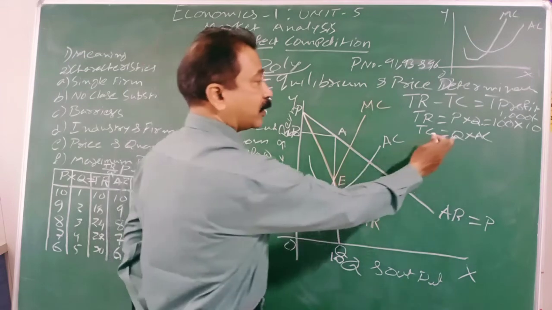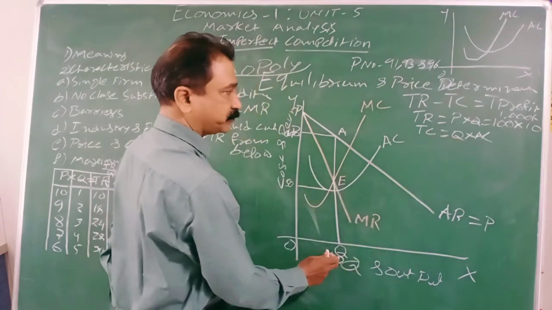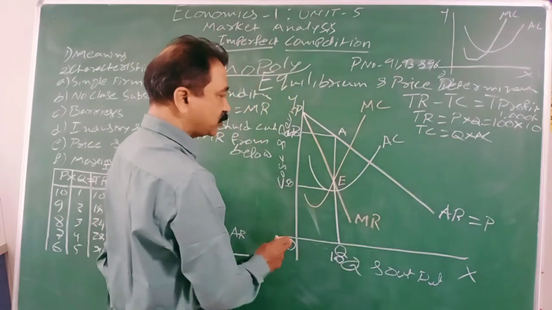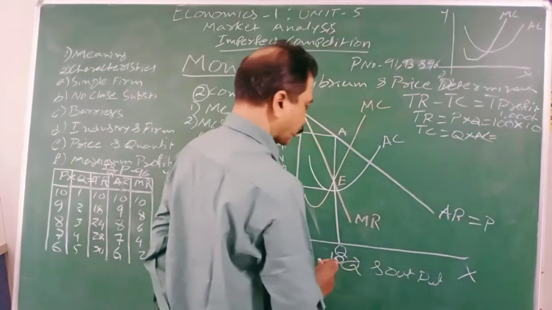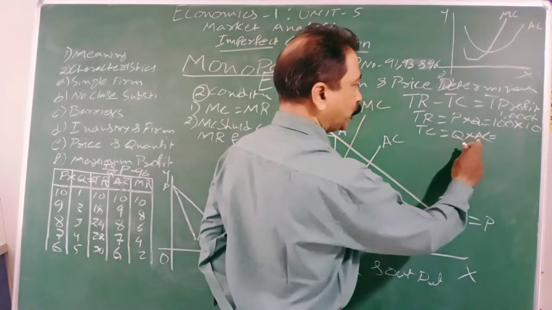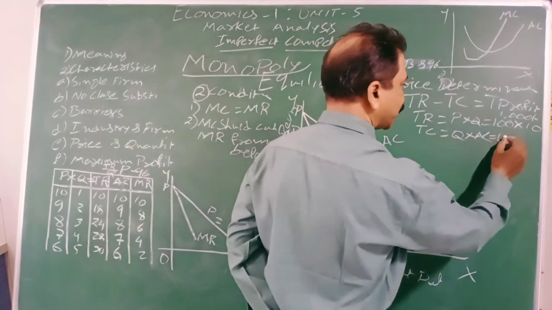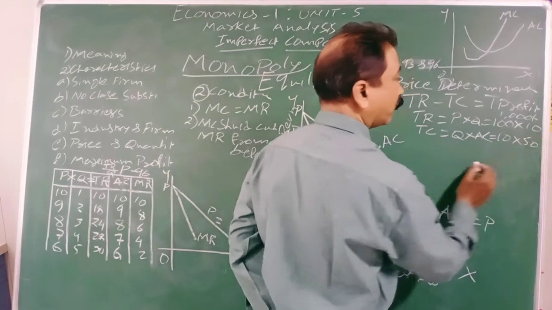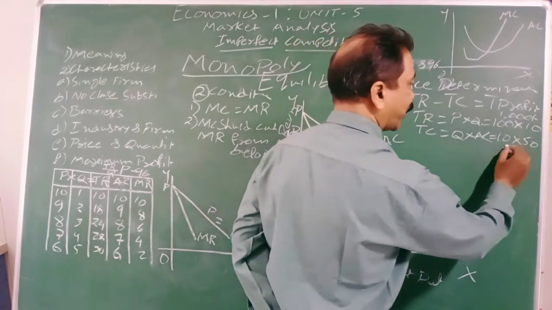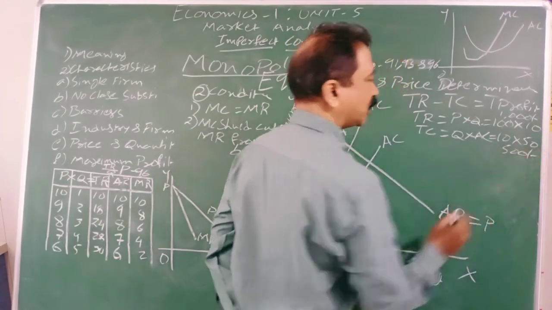The quantity is 10, we know that. What is the average cost? 50. Q into average cost. Quantity is 10, average cost is 50. What is the total cost? 500 is the total cost.